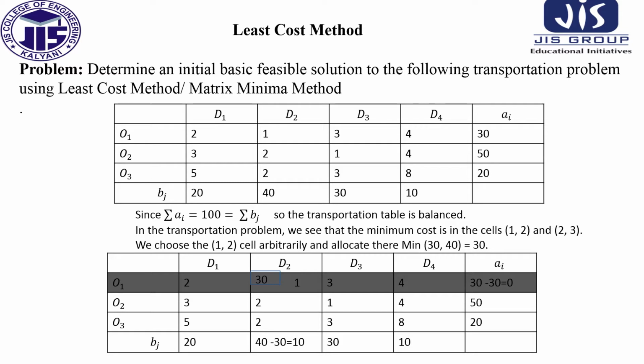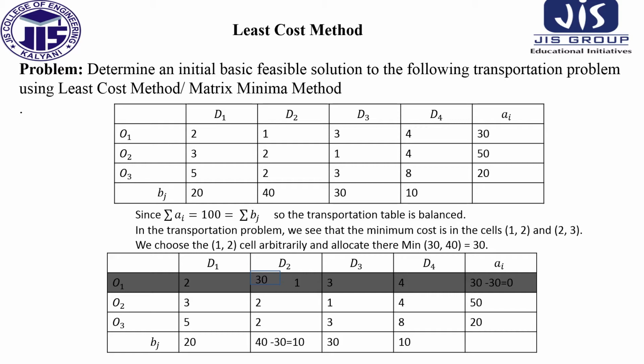The name least cost implies that among all the Cij values, the cell whose Cij value is minimum is the one we allocate. Here among all the Cij values 2, 1, 3, 4, 3, 2, 1, 4, 5, 2, 1, 8, the minimum cost is 1.